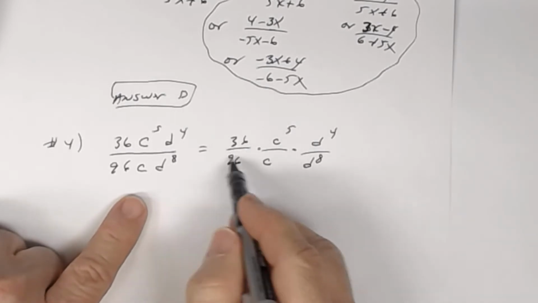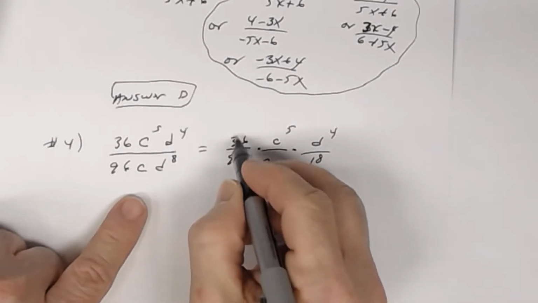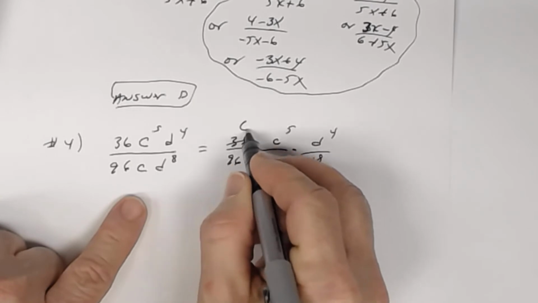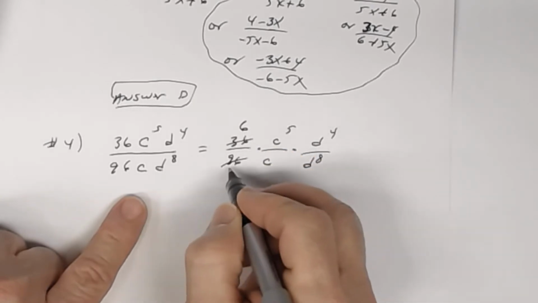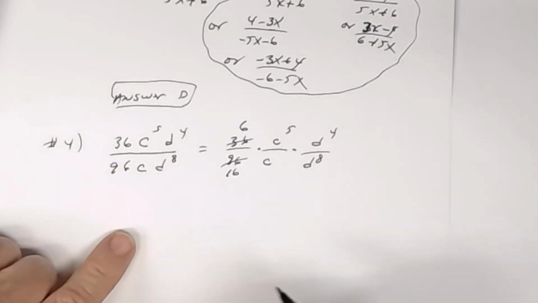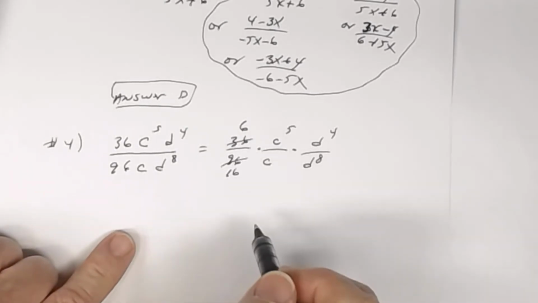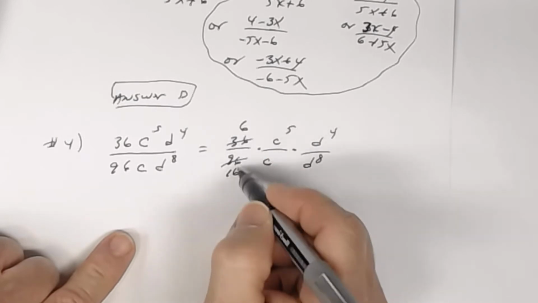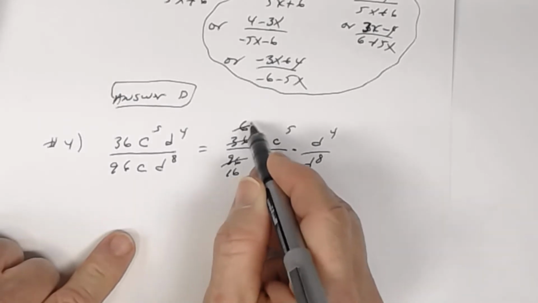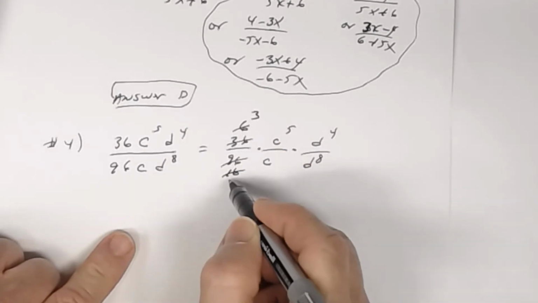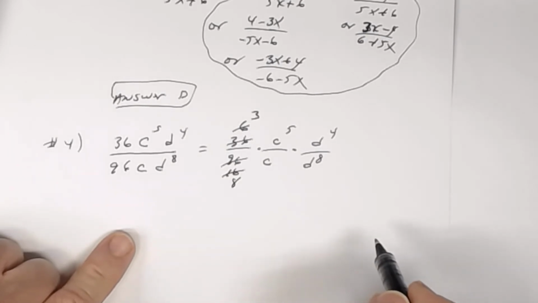Now reducing this, these are both divisible by 6, so 36 divided by 6 is 6, and 96 divided by 6 is 16. Obviously that 6 was not the largest, because they're still even, so I can reduce by 2 now. 6 divided by 2 is 3, and 16 divided by 2 is 8.